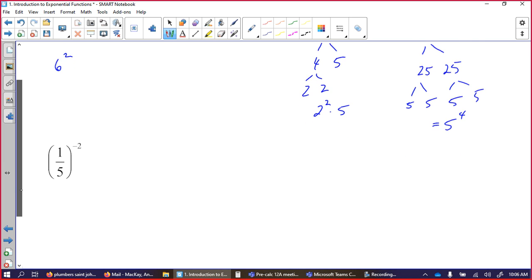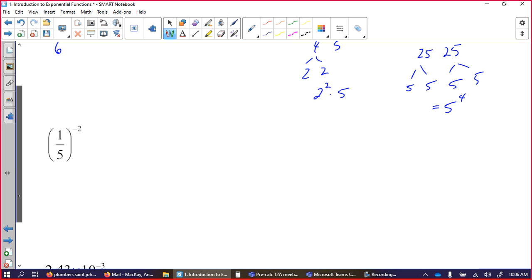Again, stuff you've done. These two are a little bit tricky: 1/5 to the 1/2. The power of a quotient, this is 1 to the negative 2, which is irrelevant. This is 5 to the negative 2. If I have a negative exponent, that's 1 over 5 squared.